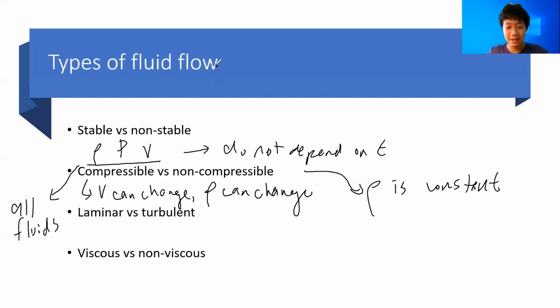They can still be compressed, but you need a ton of pressure to compress them. So in this case, we would take liquids as non-compressible because they're so hard to compress that it really doesn't make any difference if we take them as compressible versus not compressible. So in most cases, we're going to consider our liquids as non-compressible because this simplifies things a lot. Okay? So that's the definition of compressible versus non-compressible.